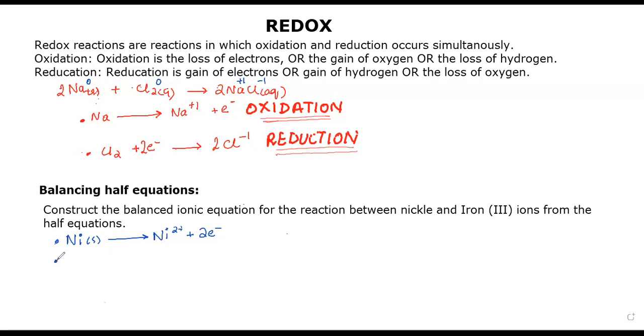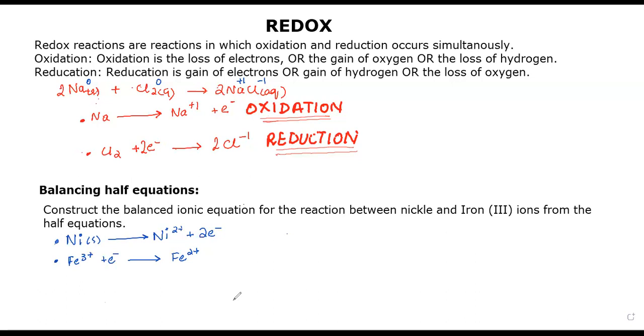The second equation provided to you is this: Fe 3 plus plus e gives us Fe 2 plus. That's all they have given. They are saying use these half equations and figure out the overall balanced equation. Now you're like, okay, I have never studied the reaction between nickel and iron. How am I supposed to know what's going to happen?